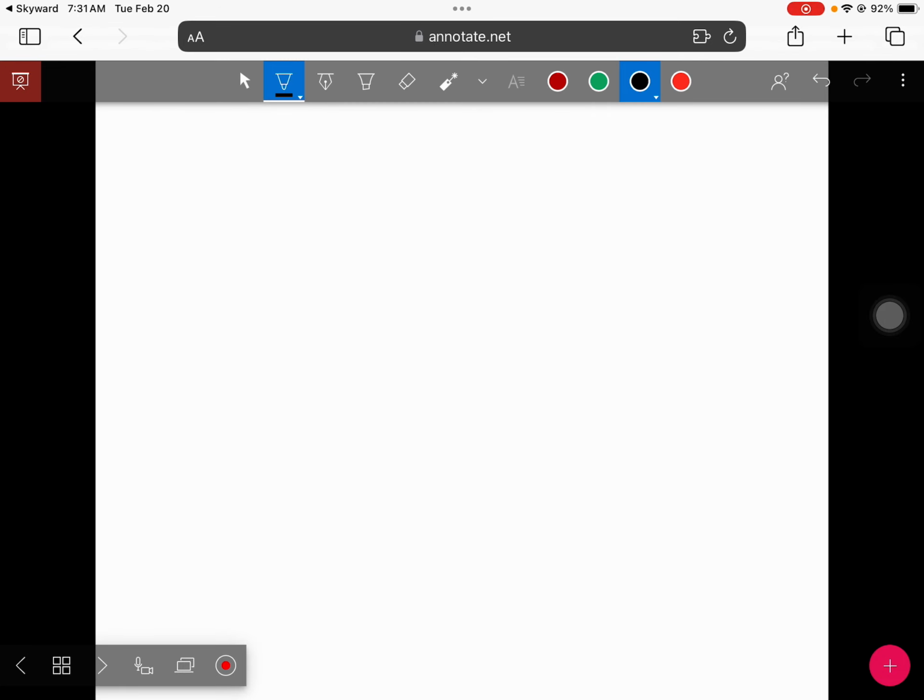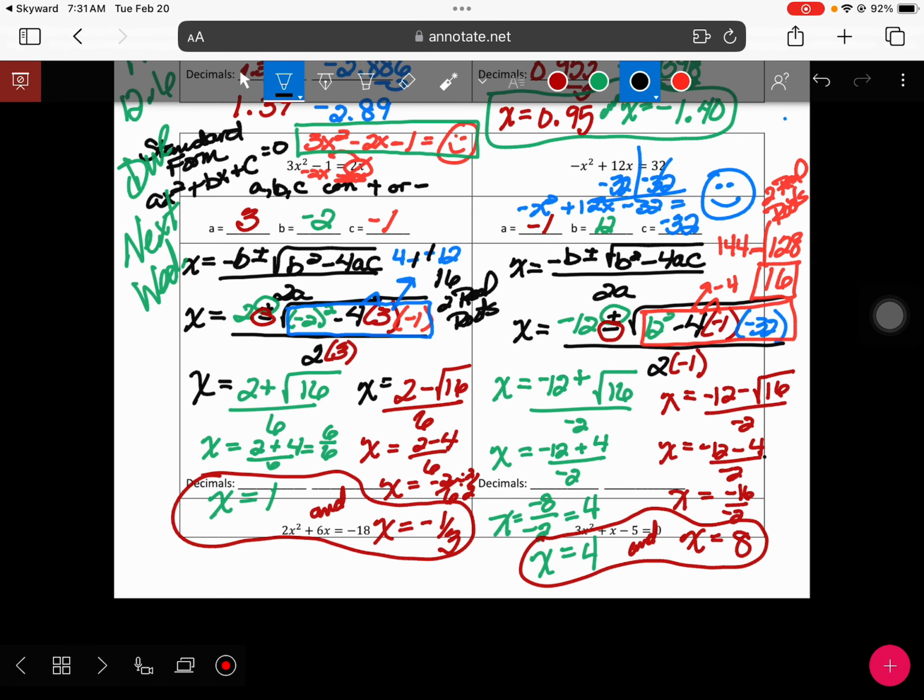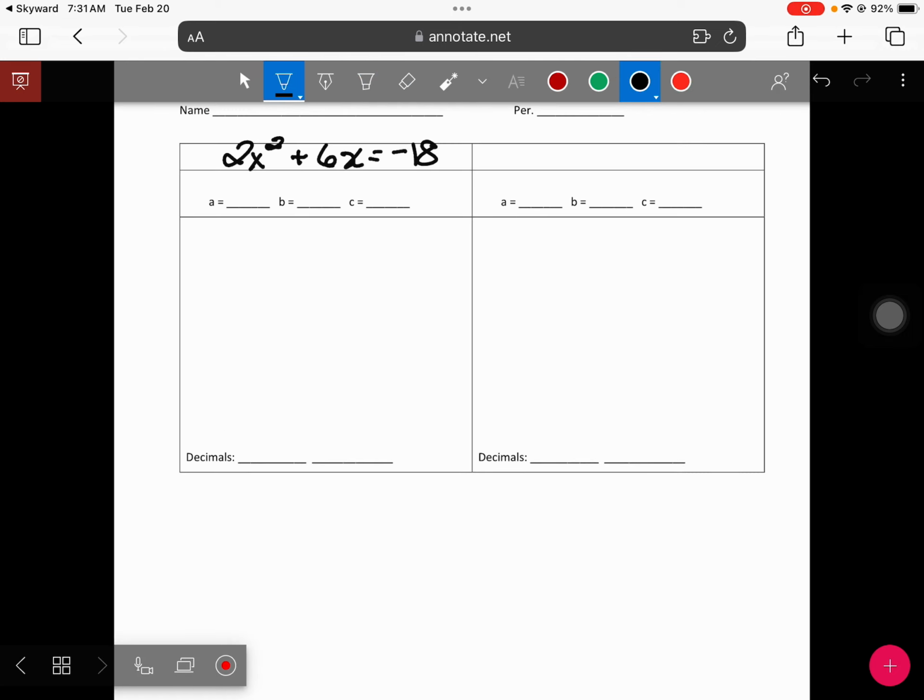And let me go back and see if I can remember the last one. 3x squared plus x minus 5 equals 0.